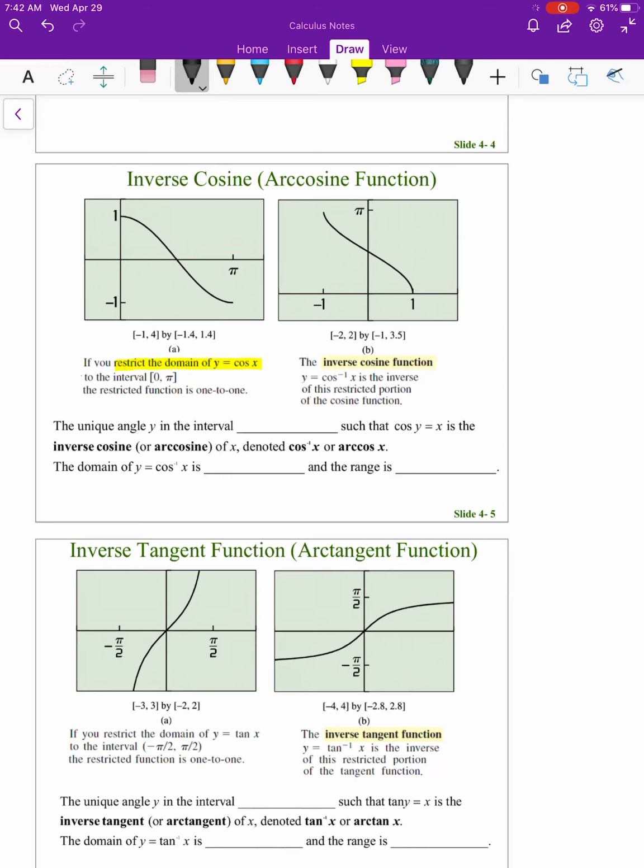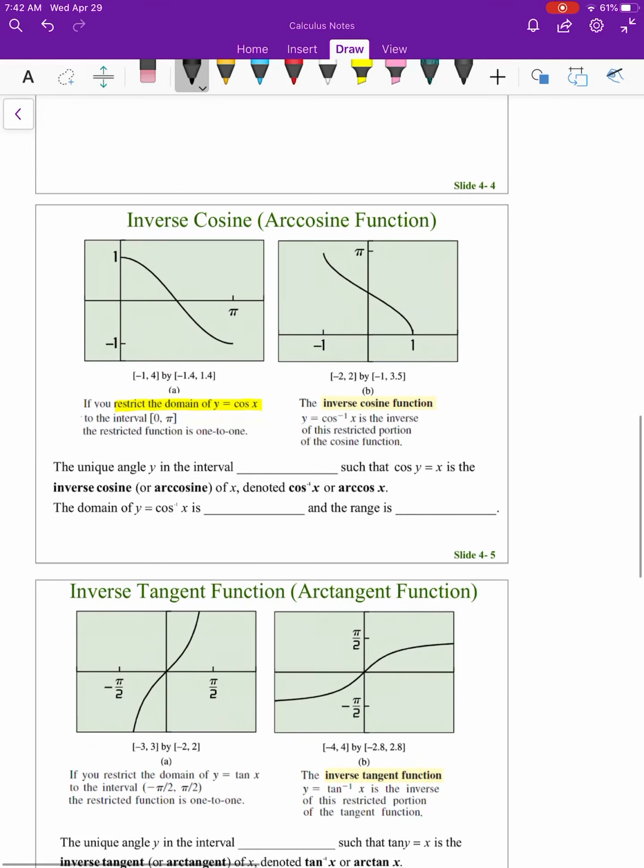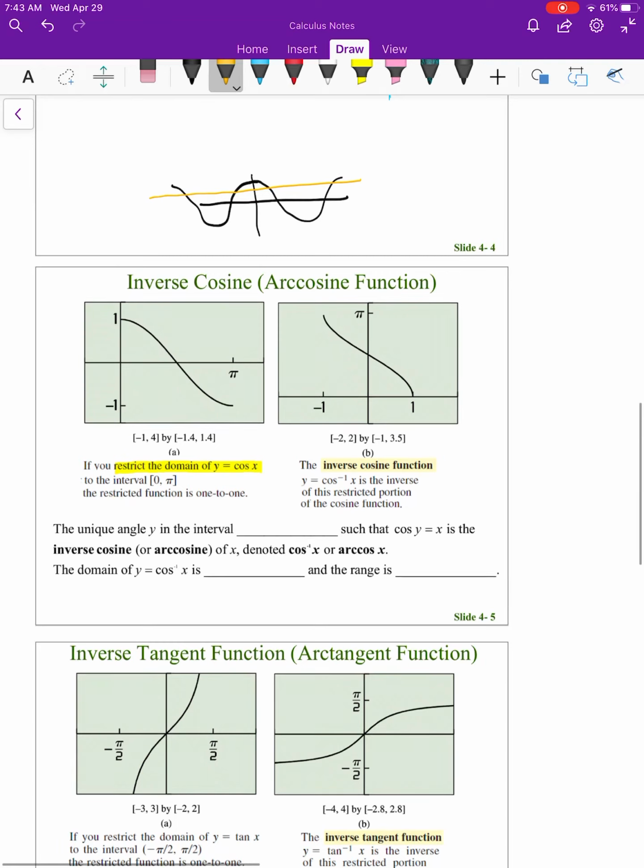The restricted domain that we ended up using was from 0 to pi. When we were looking at the cosine function, we asked, does it pass the horizontal line test? No, it doesn't. So that means it's not one-to-one.